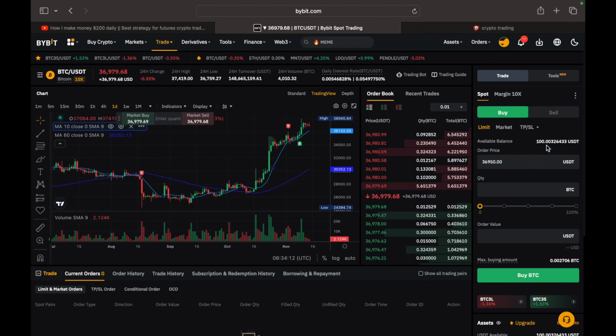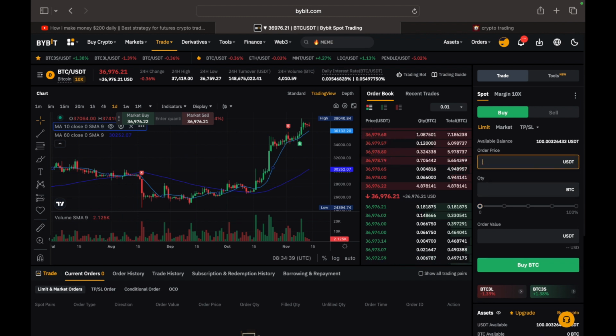So right now, since I've got $100 and I'm willing to spend this $100 to buy Bitcoin, I've got limit right here. If I click limit, it means that I'm going to set my own price. For example, let's say I want to buy Bitcoin at the price of 36,500. So I'm simply going to type 36,500 right here.